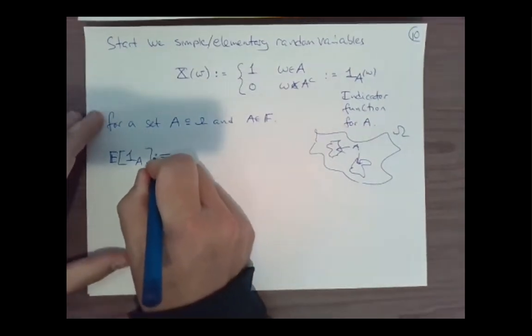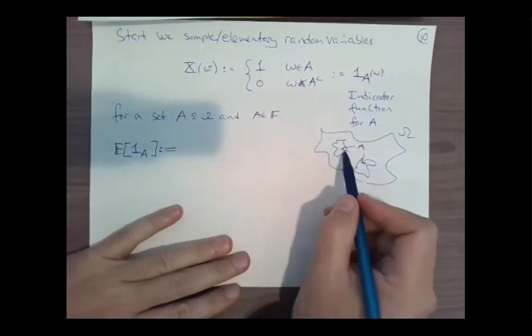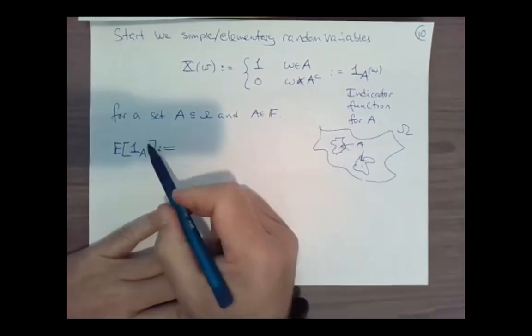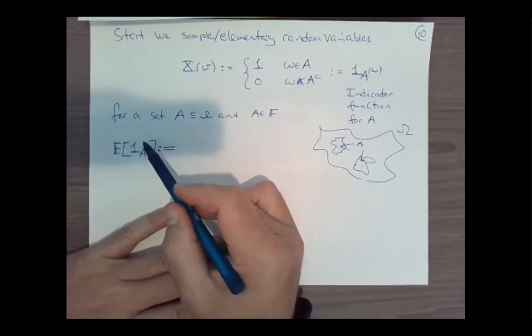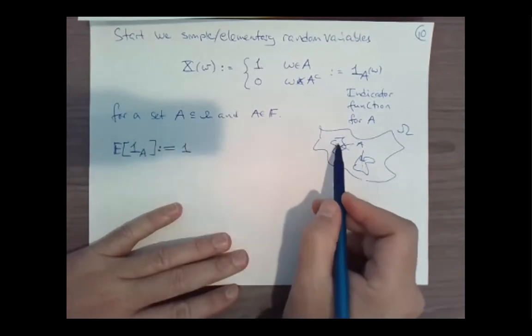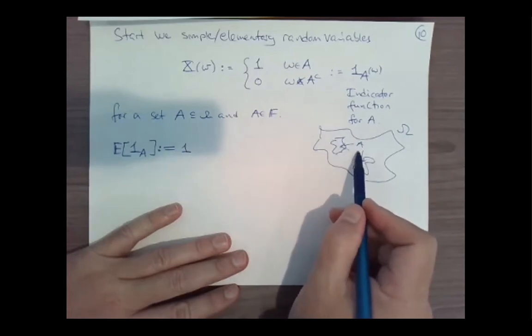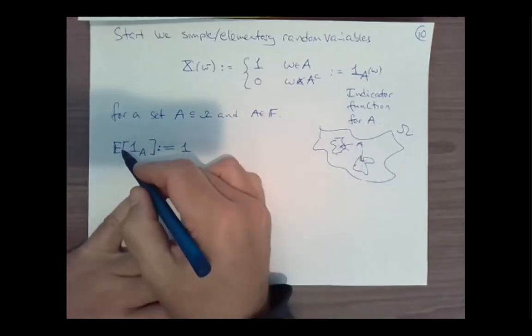So this here is a definition. The expectation of an indicator, well, on the set, the random variable has the value 1. So you're going to take 1 times, and then how big is the set over which it's 1? Well, how big the set is, that depends on how we measure the set.